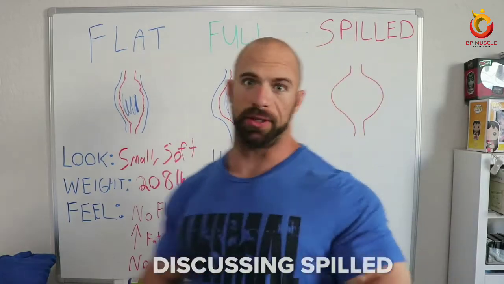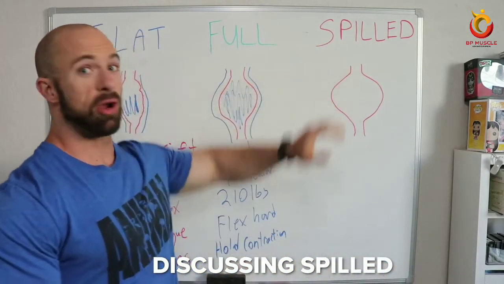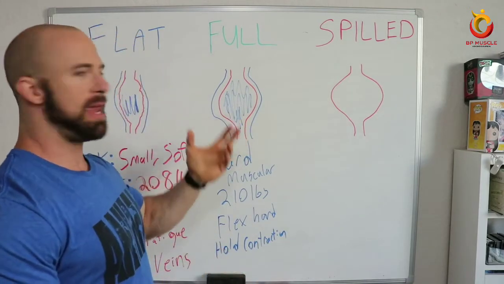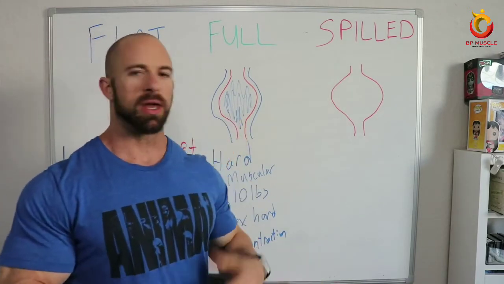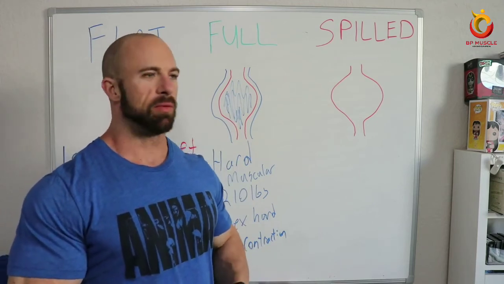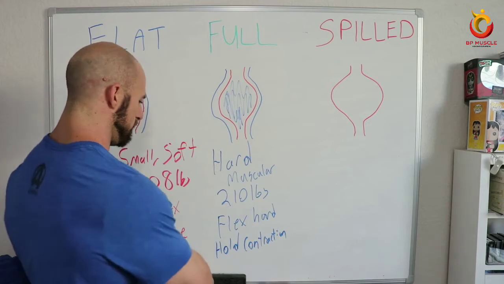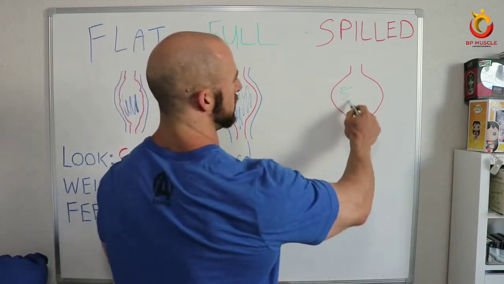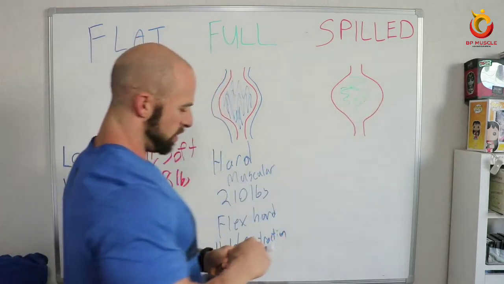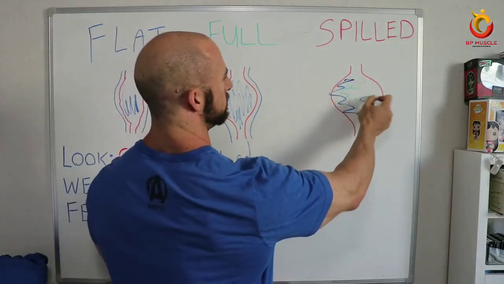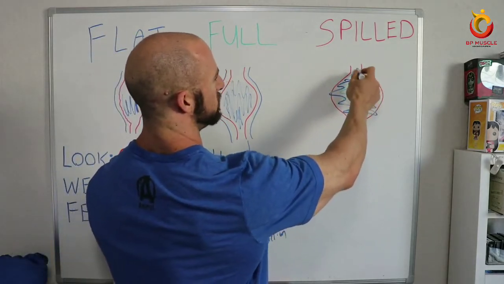Now, what's the opposite? Spilling over. You get too full. In this state, we can keep eating carbohydrates and keep fluid intake high, but really it's when you store so much glycogen. If you have lots of glycogen storage, with glycogen storage comes lots of water. And where does this water have to go?